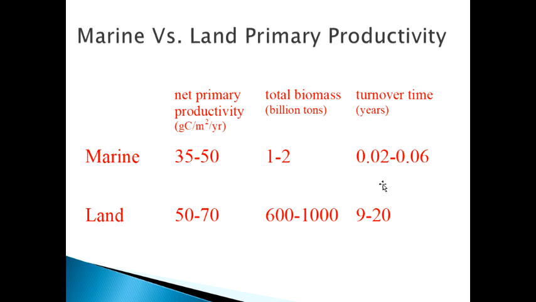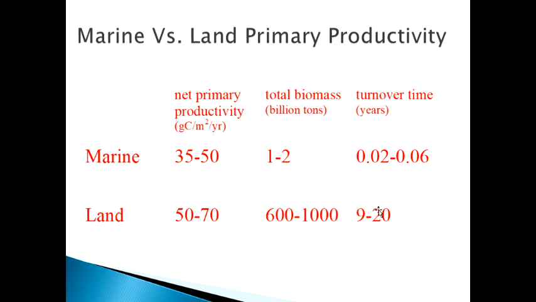Look at turnover time for land plants. 9 to 20 years. Many, many orders of magnitude more. And think about it, this is because we have plants like giant oak trees and pines and sequoias. We have some plants that are sitting there uneaten for centuries, many decades.